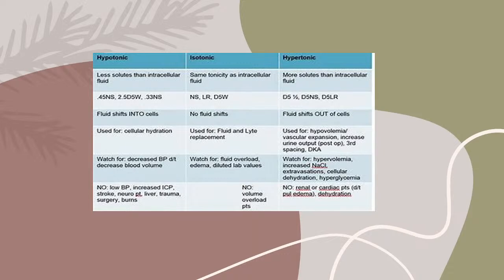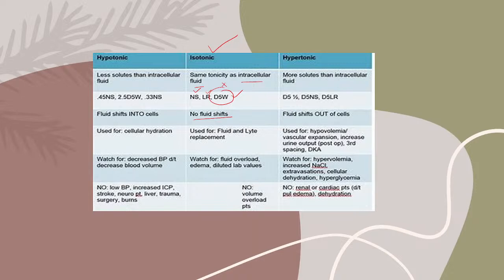Now a quick review. Isotonic fluid has the same tonicity as intracellular fluid, which is why there is no fluid shift. Examples of isotonic fluid are NS, that is normal saline, LR, that is lactated Ringer, and D5W, dextrose 5% in water. These are all examples of isotonic fluids and need to be remembered.